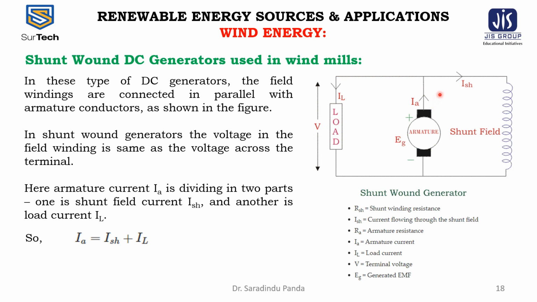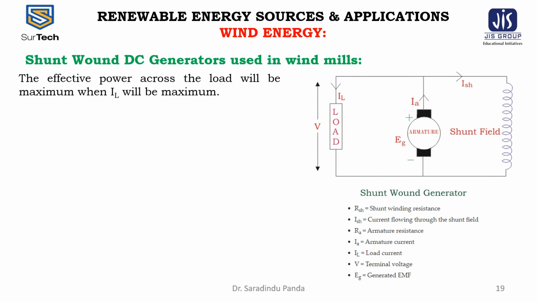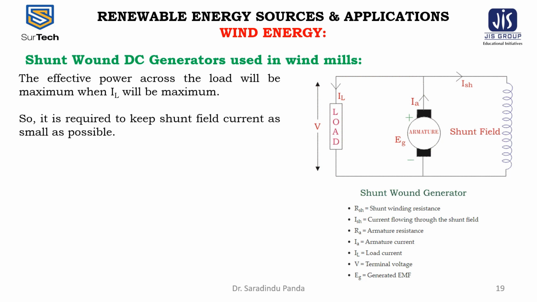One is the shunt field current ISH and the other is through the load as the load current IL. So IA is IL plus ISH. The effective power across the load will be maximum when IL is maximum. So it is required to keep the shunt field current as small as possible.